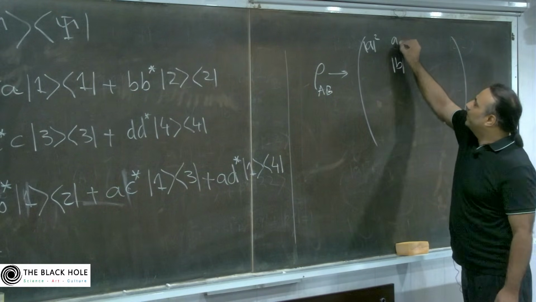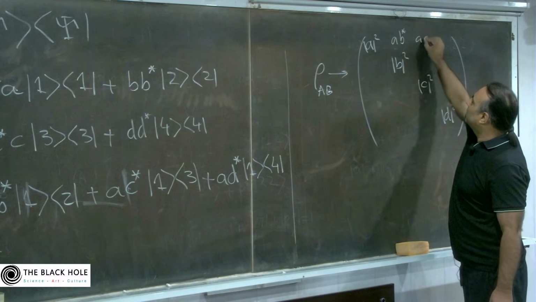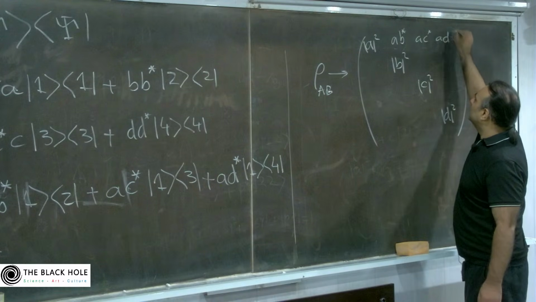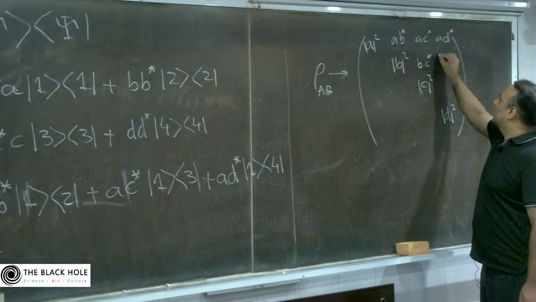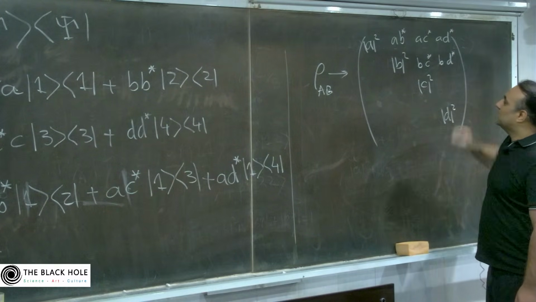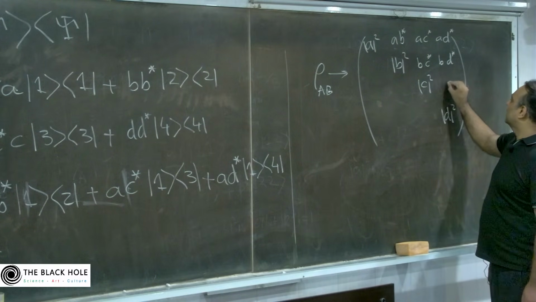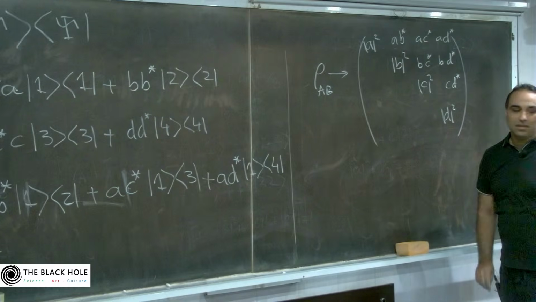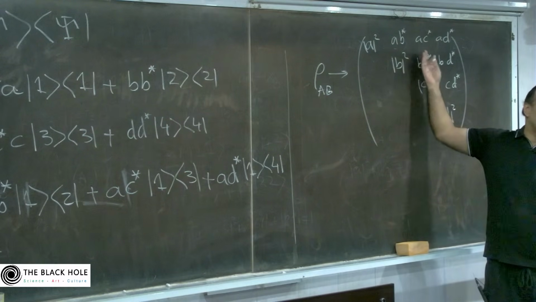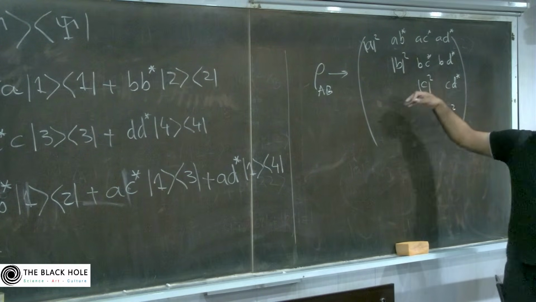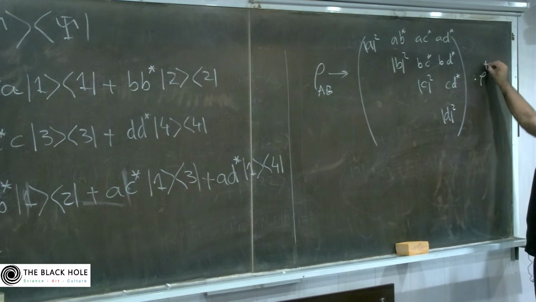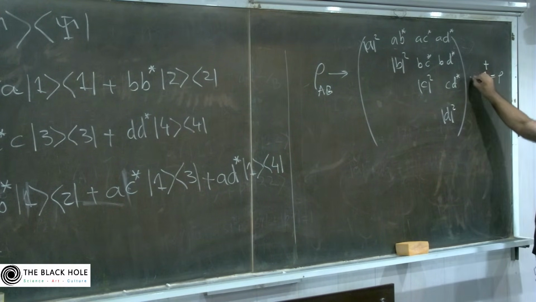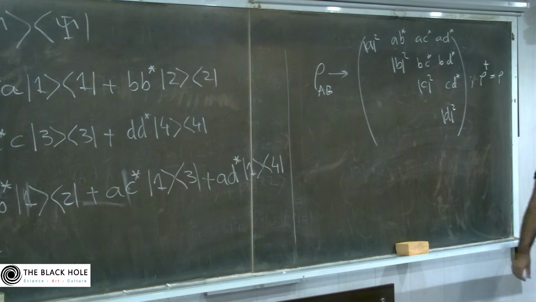So here would be A, B star, A, C star, A, D star. Similarly, B, C star, B, D star, and C, D star. And here you just need complex conjugates of these. Yes, so it's a Hermitian matrix, so rho dagger is equal to rho. So we can skip writing that.